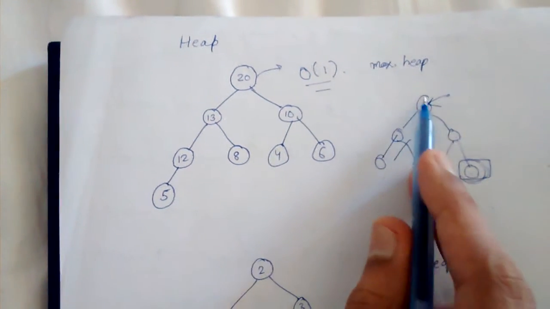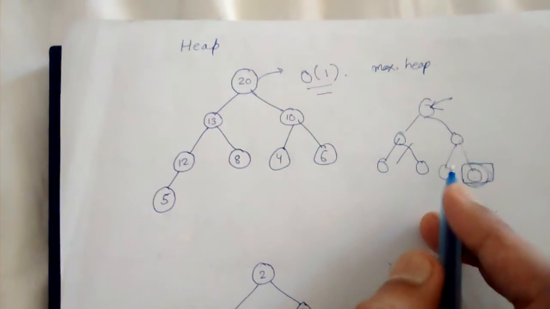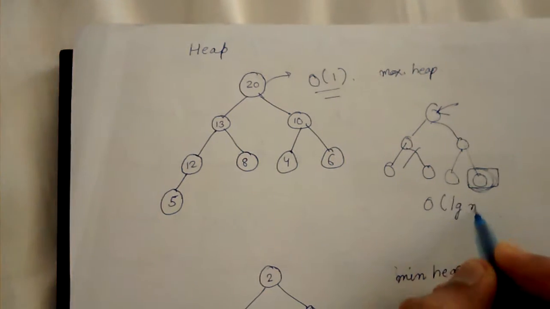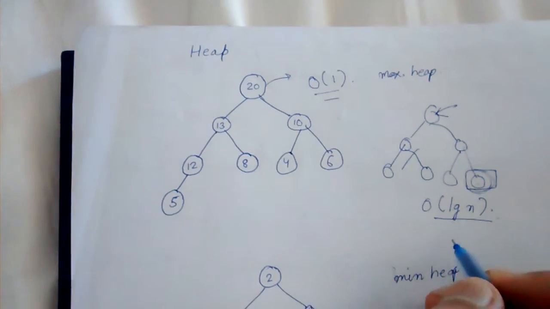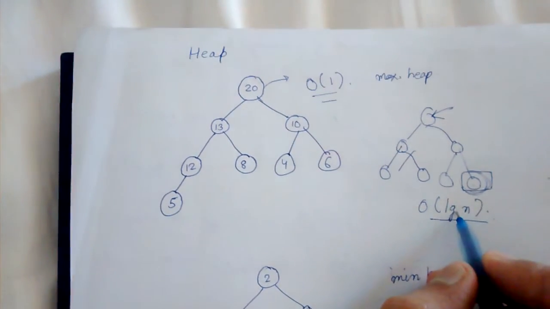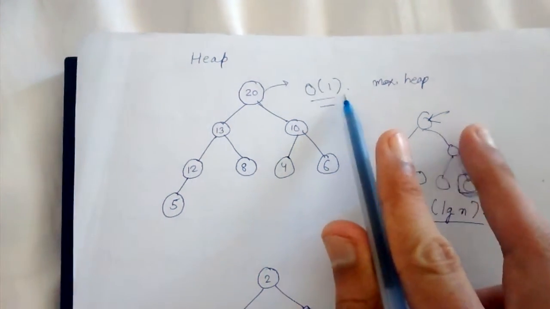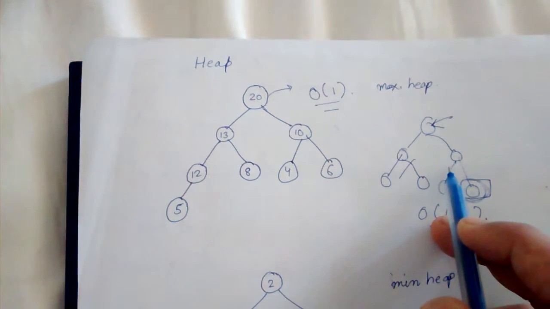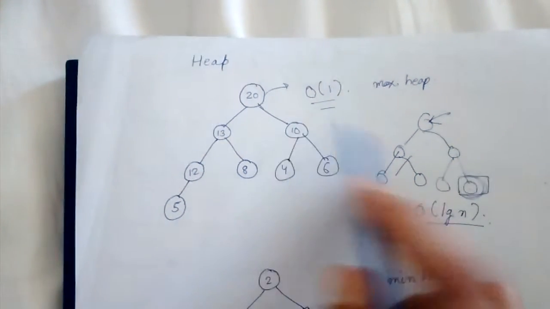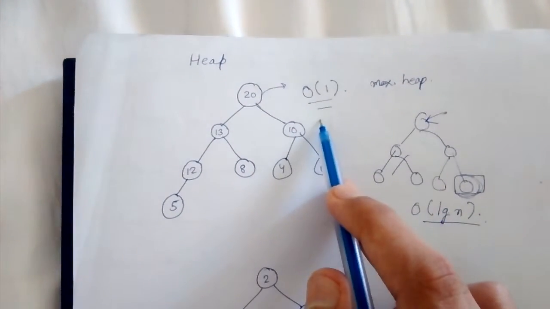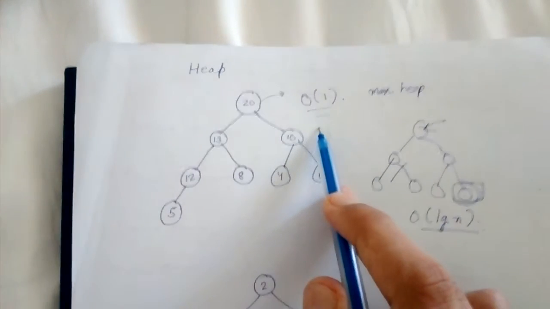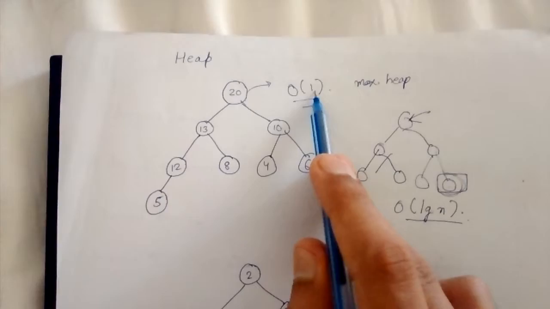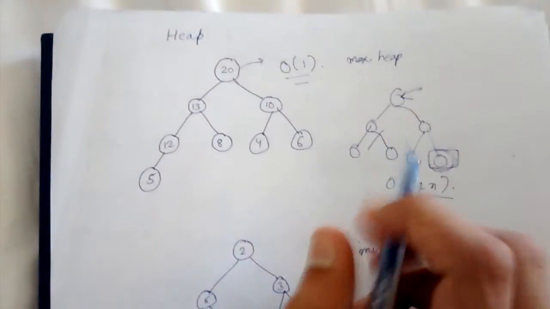So this kind of query takes time O(log n) in a tree, because the height of the tree is log n, but O(log n) is greater than O(1). So a maximum heap is more efficient than a tree if we want to perform such kind of queries, that is the maximum element query.